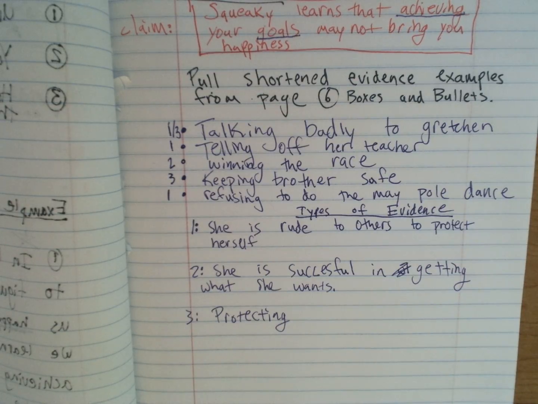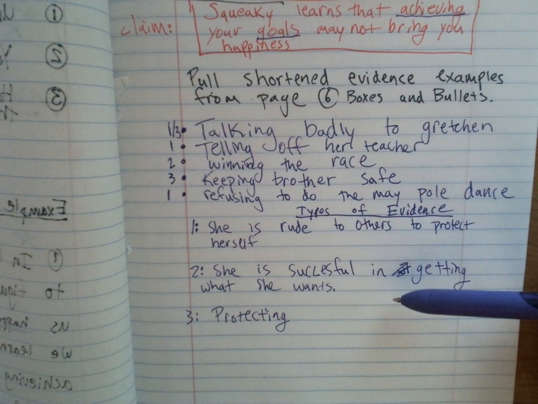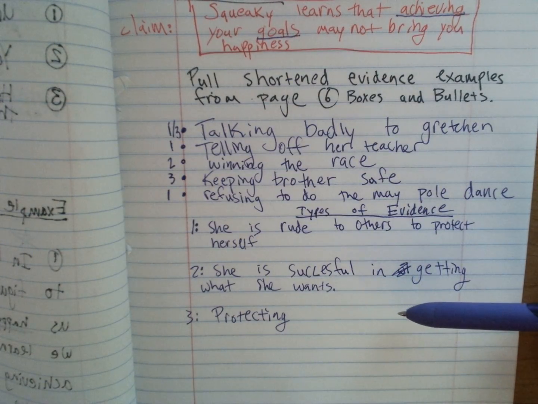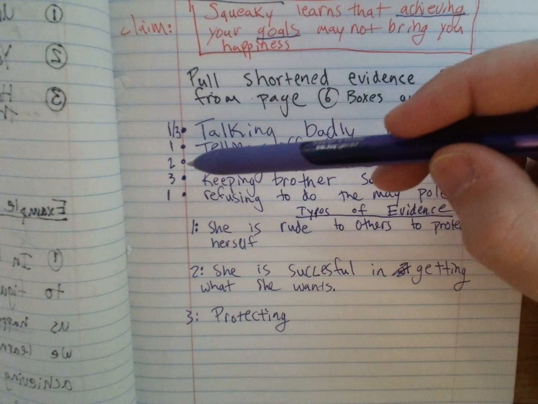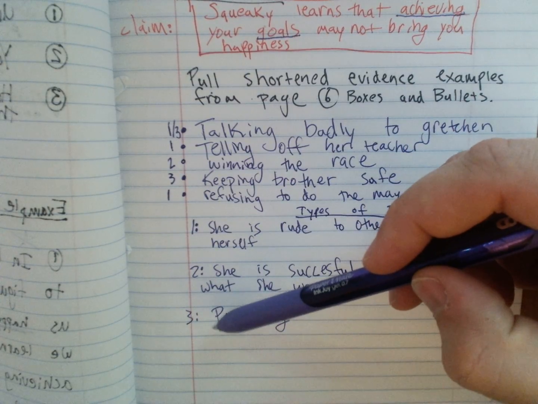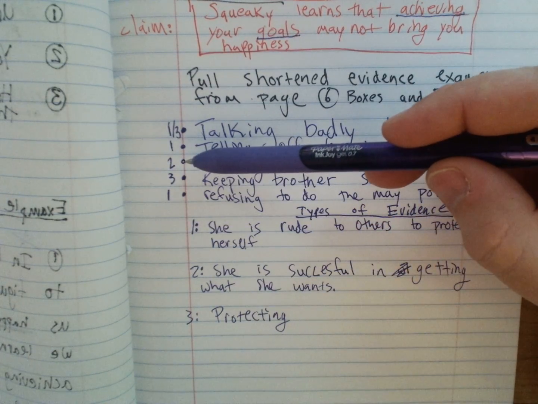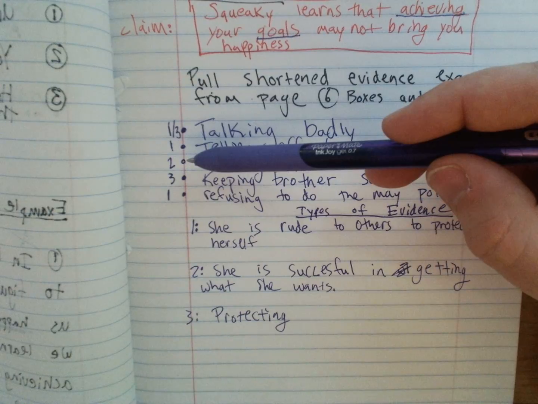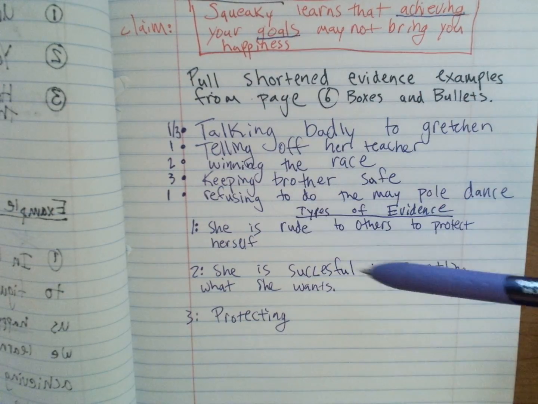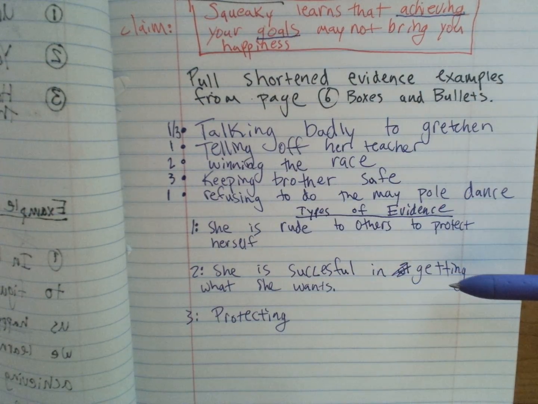Now that we've finished writing these down and then decided on the types, the work that you need to do is making sure that you have enough of each type. So for me, I would go back and definitely know I need to find pieces of evidence that are the 2 type, the type where she's actually successful in getting what she wants.